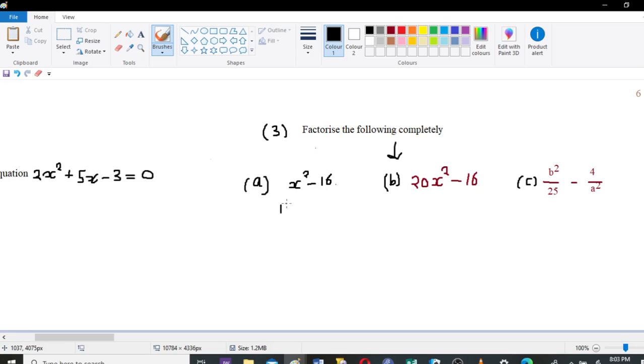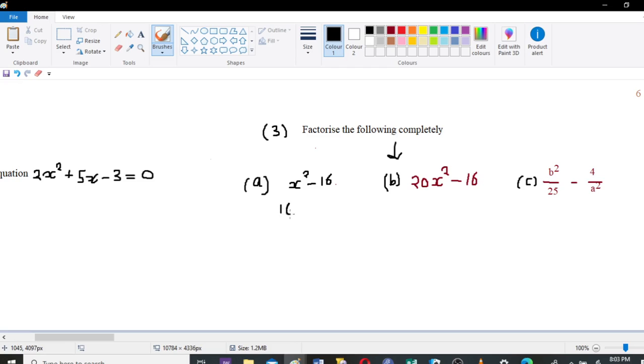Now I'll show you why. I just want to write this one so that I can open your mind, so that you'll be able to see. The only factor here, the number which is common on both sides of the operand, which is our negative here, or rather the number which can go into x squared and 16 without giving us any remainder, is 1, right?